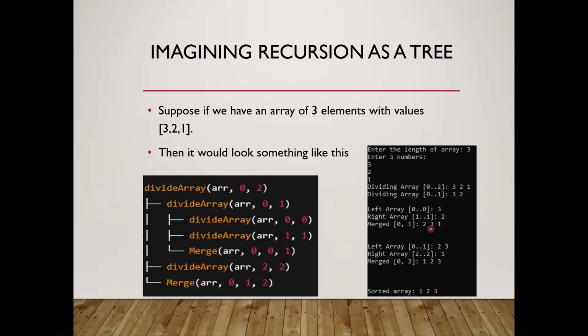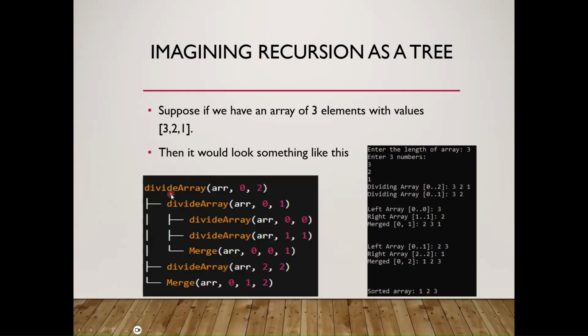So these two will come as merged, and now these two would be merged with this array. This was also divided at the first stage, starting from 2 and going till 2, and then 1 would be compared with 2, and since 1 is smaller than 2, in the original array we will store 1 first and then the rest of the array.